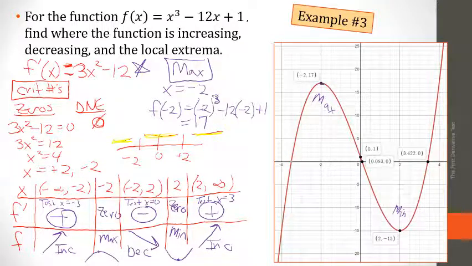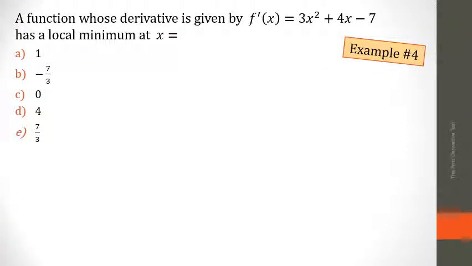Okay. For this one, I would have assigned this one as an exit ticket, but since we're so close to the end, I don't want to inundate you with work. I'm going to tell you right away, you're looking for a local min. So what has to happen for a local min to occur? Well, you have to have some interval.